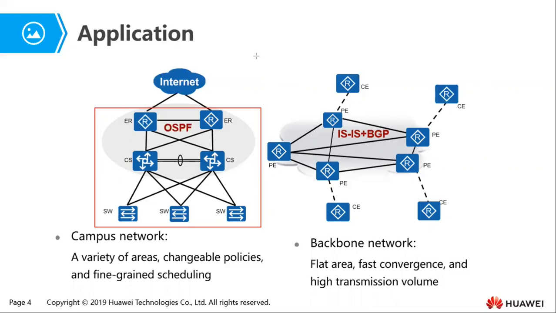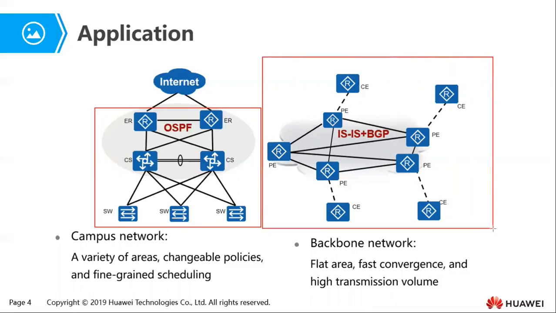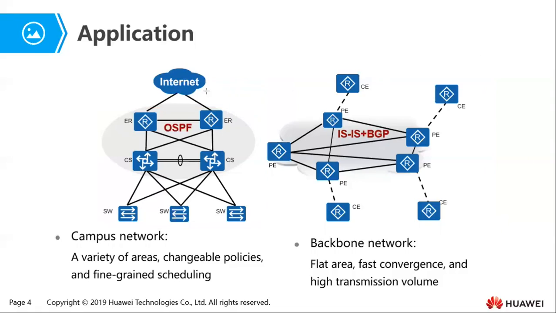But in the backbone network or the ISP networks, most of the time we really do not change policies very frequently. So generally, OSPF is best suited for enterprise or campus networks. And as we saw, it normally divides routers into a variety of areas. As I've said, most of the time we have policies that can change frequently. Later on, we are going to learn about routing policies and also policy-based routing.